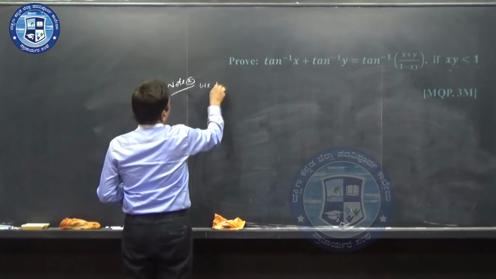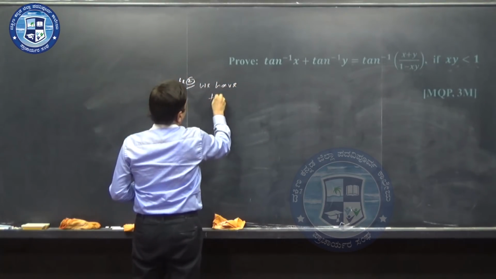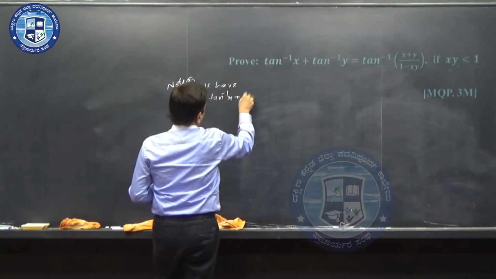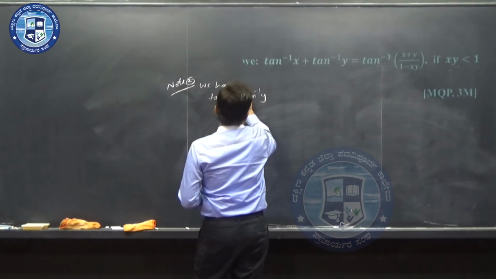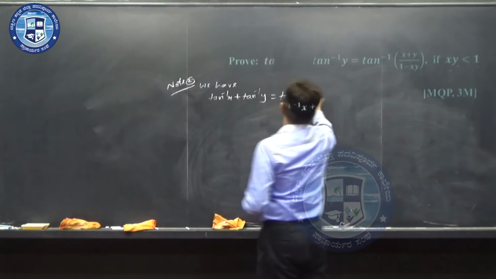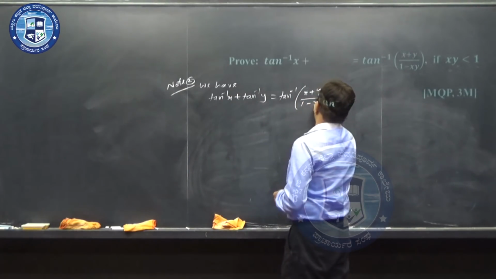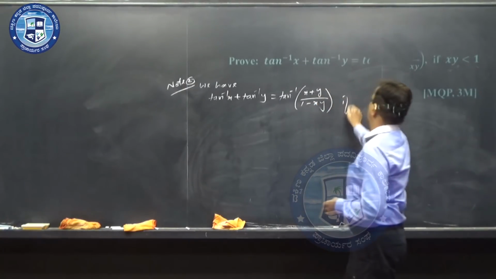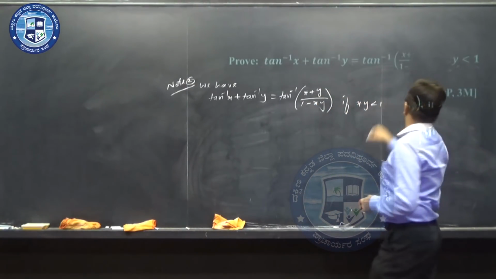See, we have tan inverse x plus tan inverse y is equal to tan inverse of x plus y divided by 1 minus xy, if xy is less than 1.